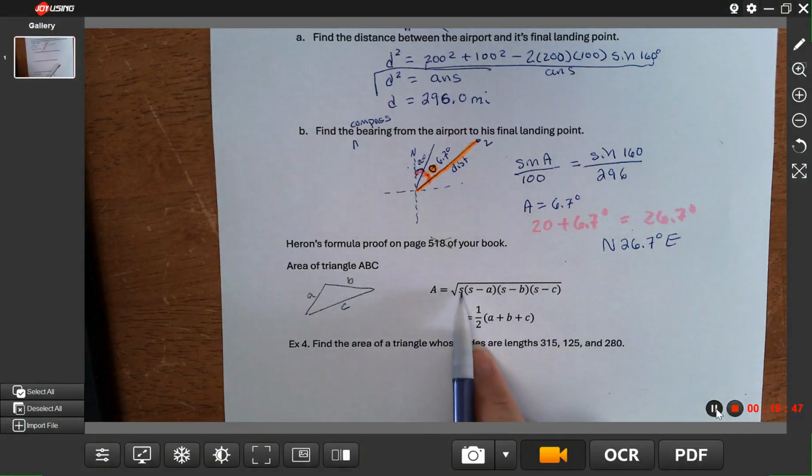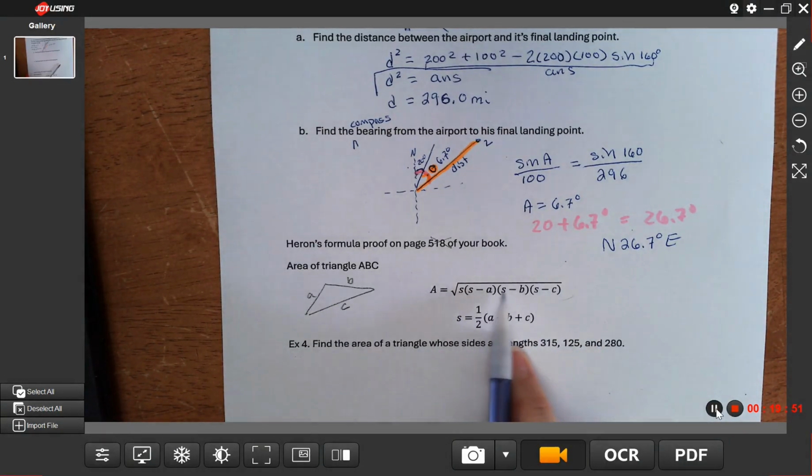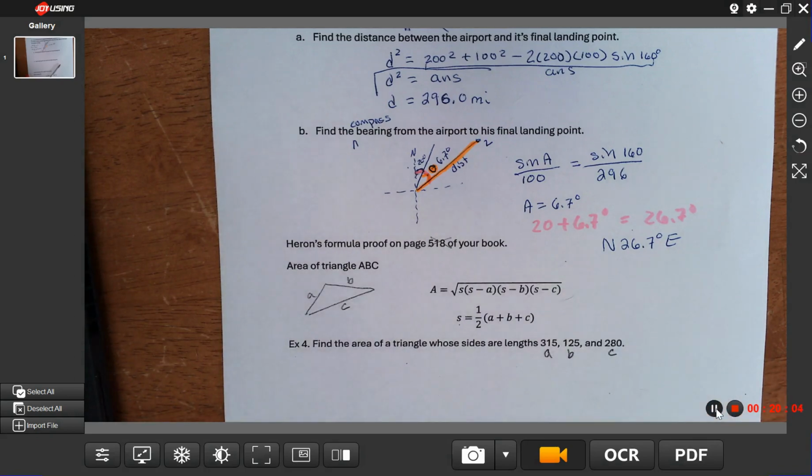So you substitute the S value in here. So this could be written out with all A's, B's, and C's, but then it would be kind of big. So if you find S first, then you can substitute it in there. So we're just going to do it really quick for this. So if I call this side A, this side B, this side C, I don't really have to draw my triangle. Let's set it up.